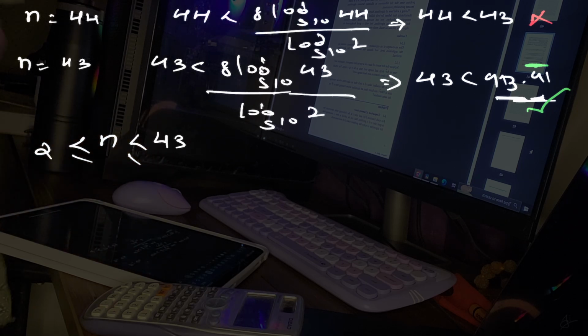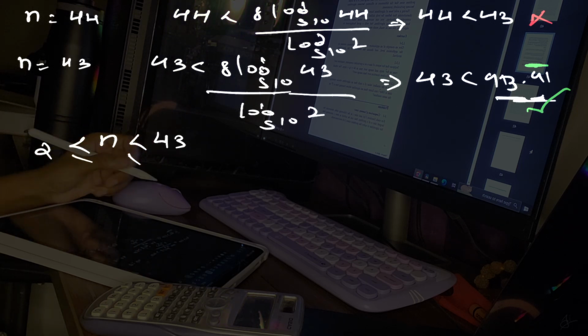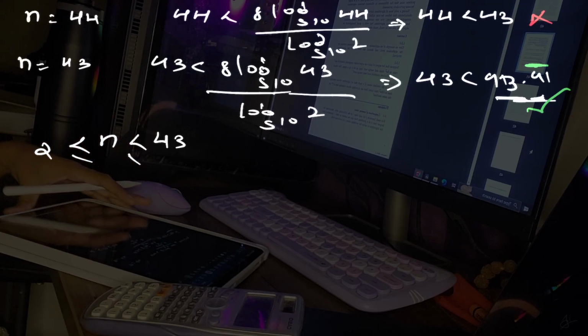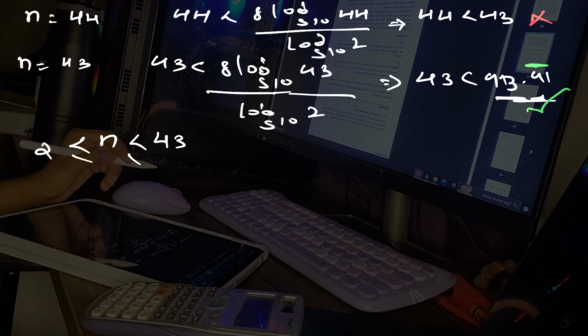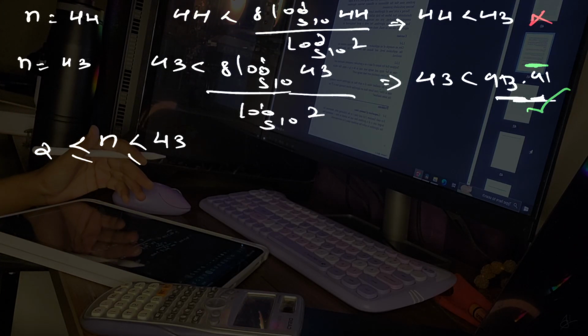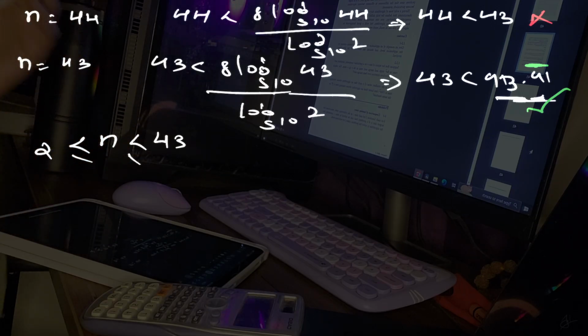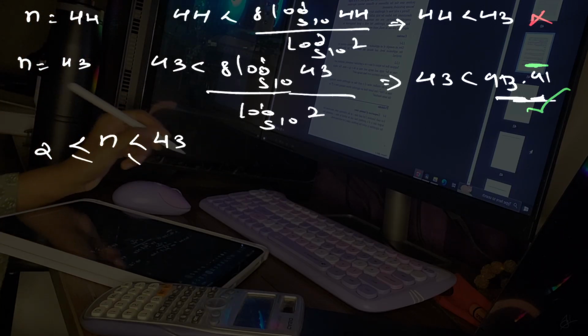That is why I'm calculating it this way, but obviously we could calculate n equals 42 as well. Okay, so there is that.